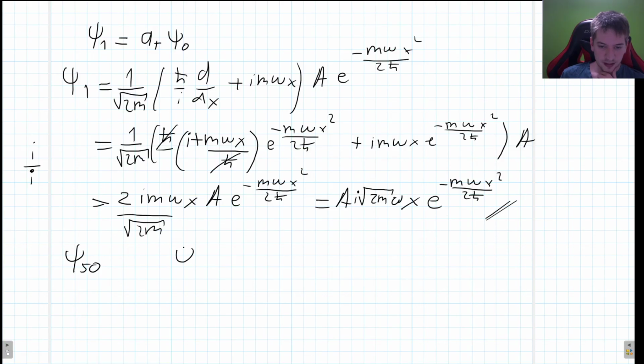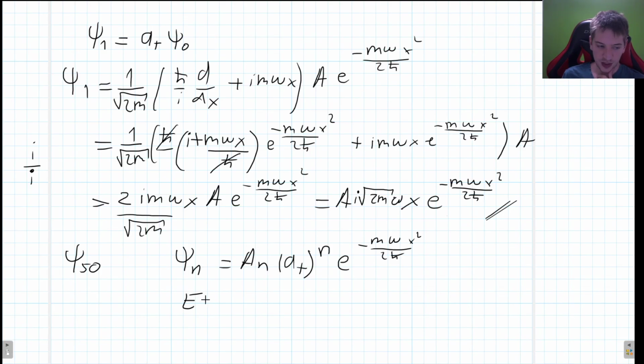So we could find any psi n wave function if we just apply the raising operator. We just get some normalization constant times our raising operator applied n times over this psi 0, right? Which is just going to be e to the minus m omega x squared divided by 2 h bar.